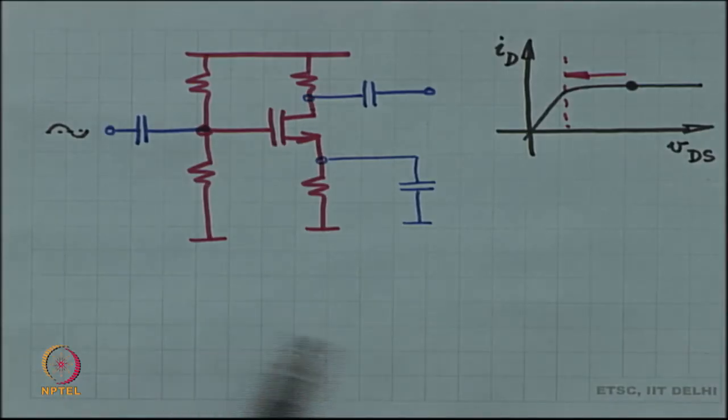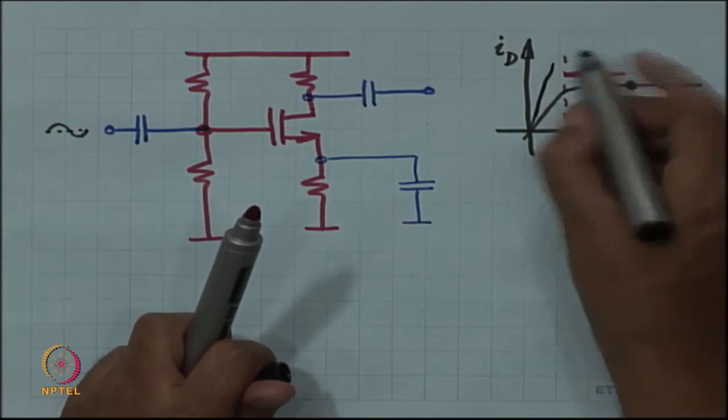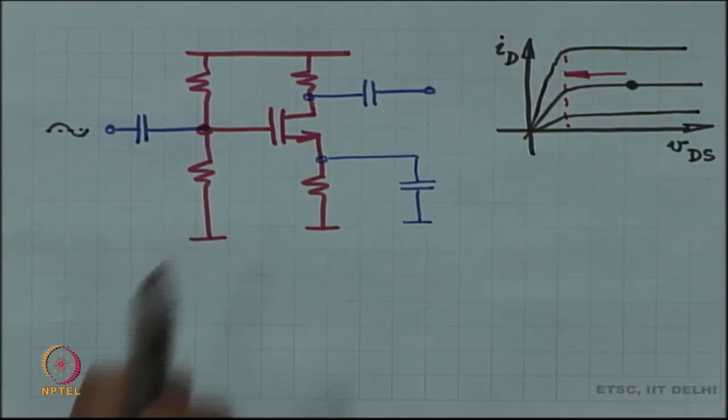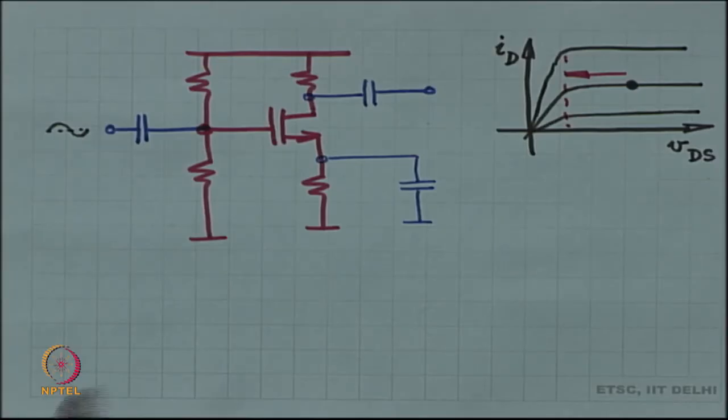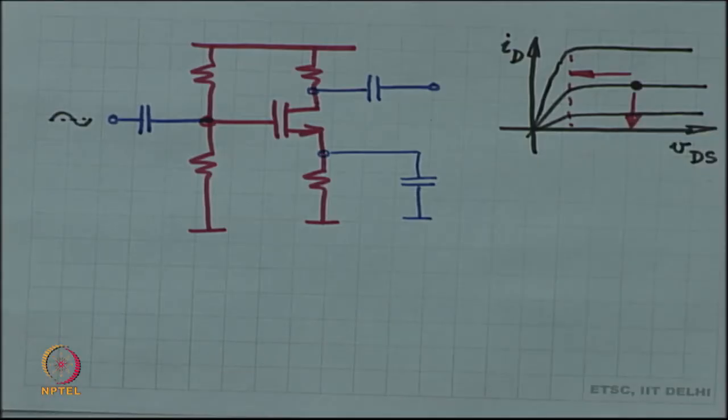So, you are picking different curves from this family of curves and so on, right. You should not pick an ID that has dropped all the way down to 0 or lesser, ID can't go below 0, all right.